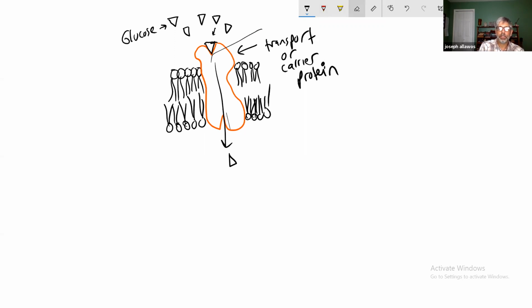Okay, let me get rid of this larger picture and let's just draw the carrier protein like this. And let's say this is out and this is in. And so let's say that there's all this glucose here on the outside of the cell, and there's only a little bit on the inside.